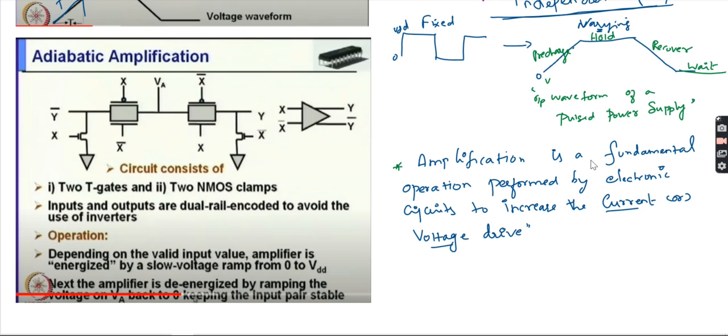Now you can see a very important thing: the circuit symbol is this, the adiabatic amplification symbol. Here this is your input and this will be your output.